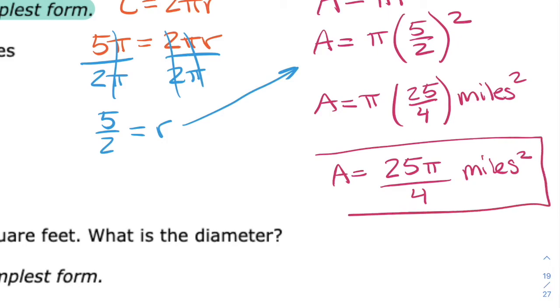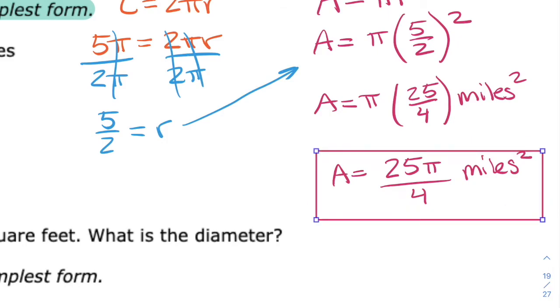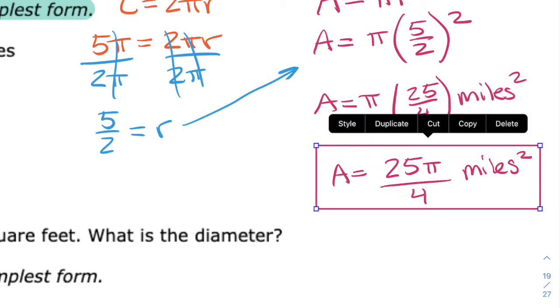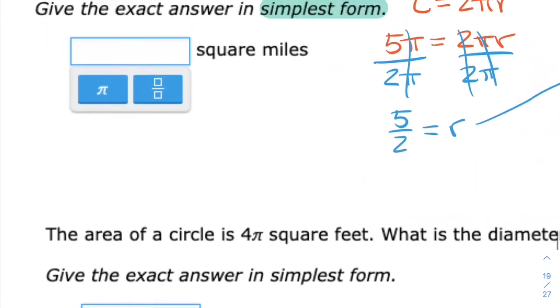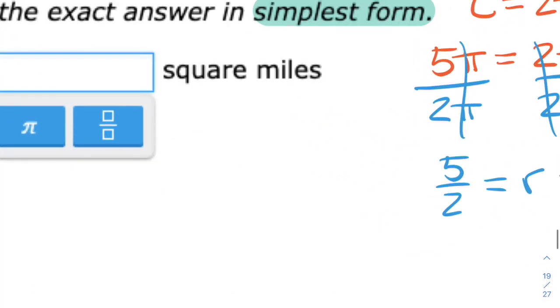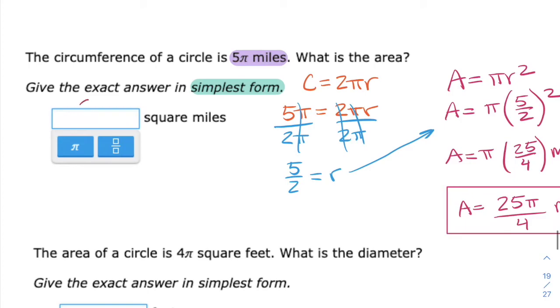So 25 pi over 4 miles squared. Just keep it in that numerator, and you're good to go. So you're going to want to type in a fraction, 25 pi over 4 as your answer. Okay?